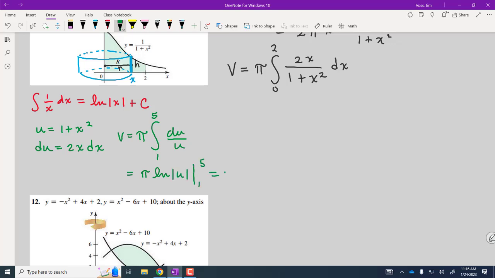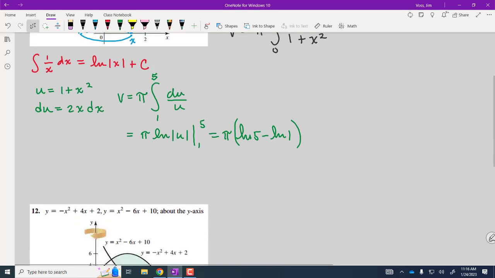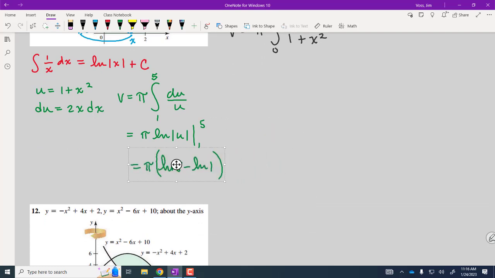So this is going to be pi times natural log of 5 minus natural log of 1. And what is natural log of 1? Yeah, natural log of 1 is 0. So this is going to end up being pi ln 5. So everybody follow that? A lot of steps there.